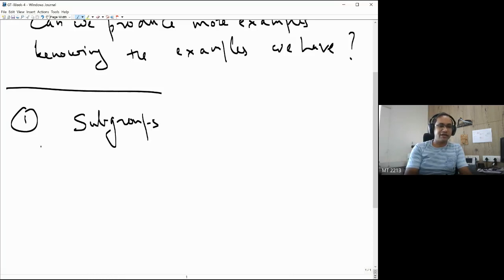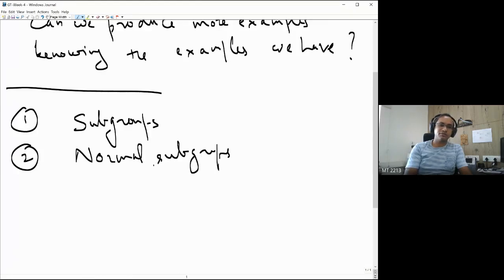And number two, you can also find normal subgroups, but a normal subgroup is just a subgroup, so it belongs to the family one in some sense. But once you have found a normal subgroup, you can construct quotients, which we saw last time. So suppose I have a normal subgroup N, then you can construct G mod N, and that will give you some new examples, hopefully.